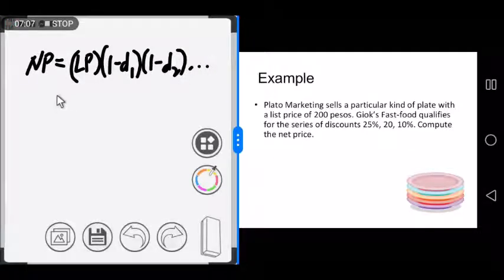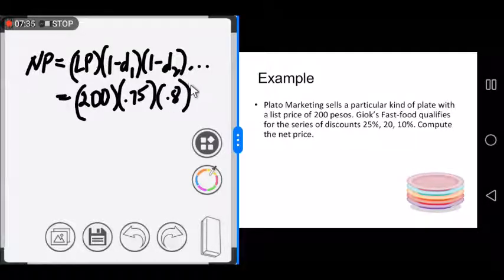Okay, so substituting our values, the list price is 200 pesos. Then the first discount is 25%, so its complementary rate is 0.75. We have 20%, so its complementary rate is 0.8.